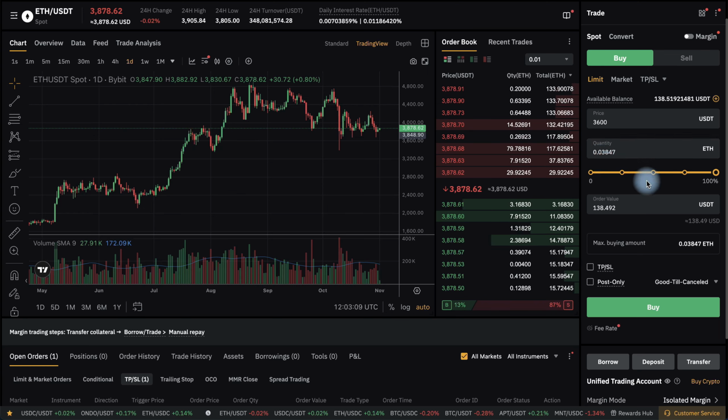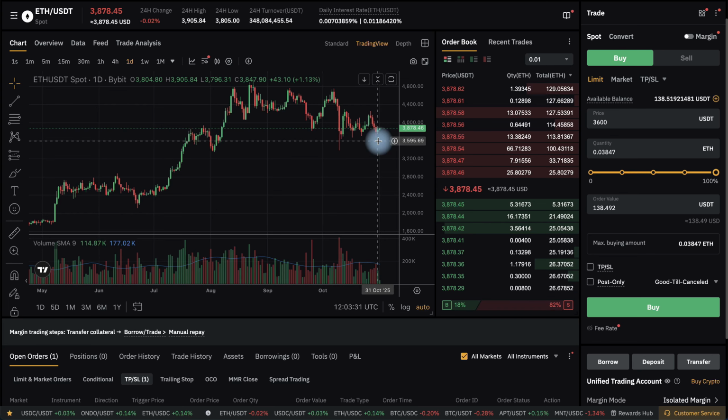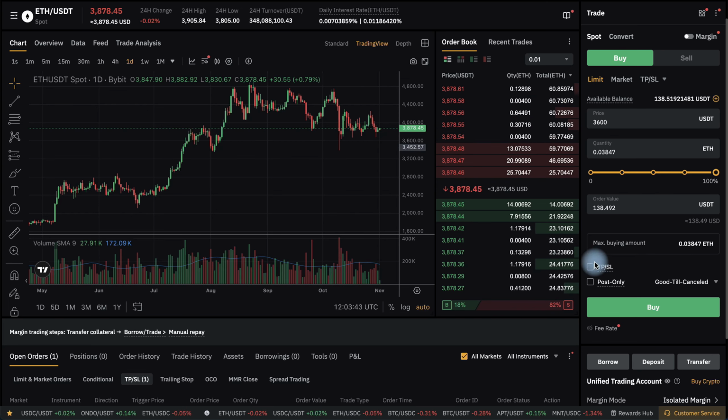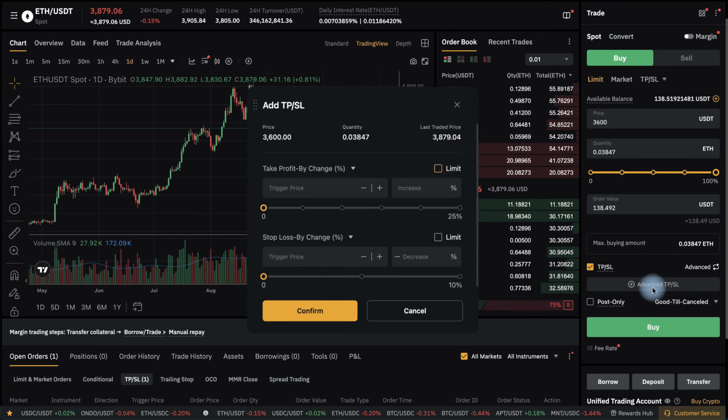But we also want to set it so that once it's bought, we automatically sell if it rises, or sell again if it drops below a certain point to limit losses. We click stop loss take profit. The system tells us that once the limit order is filled, it will automatically place our take profit and stop loss. We can set these values either in price or as percentages.